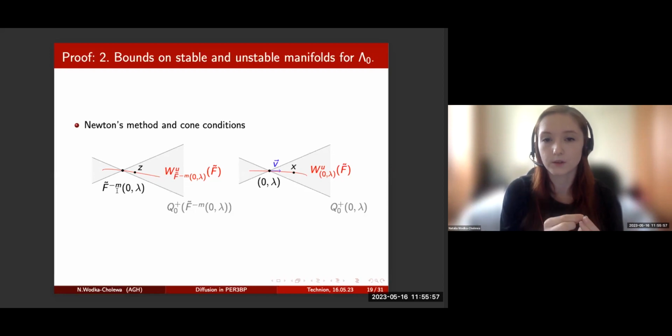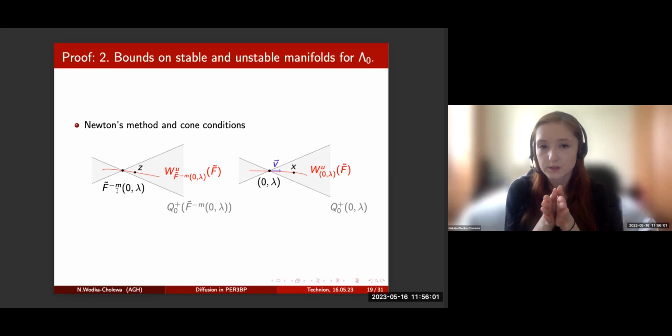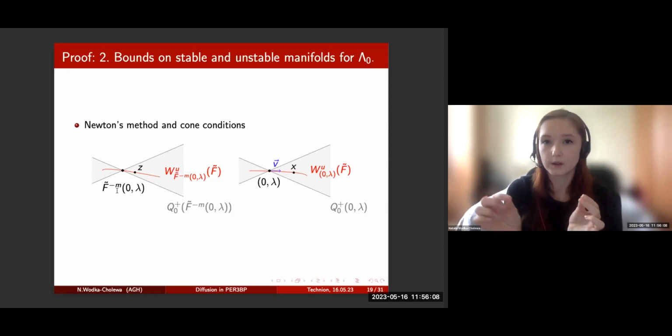So you are closer and closer, so you are not outside the cone. So inside, if the cone is narrow, you have the good estimation in the small interval for your manifold.